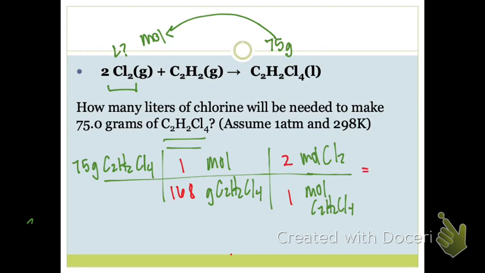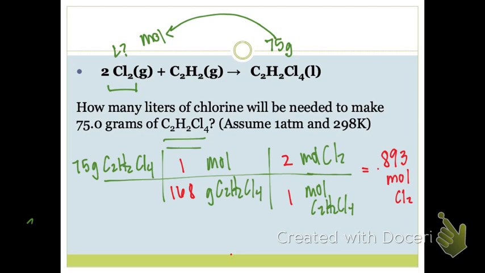And I'll find out how many moles of chlorine I need to produce that. 75 times 2 divided by 168. I don't even want to say what I got because I've been wrong so many times today, but 0.893. Oh, there we go. Moles of Cl2. And so that tells me with my reaction, if I want to produce 75 grams, I need to start with 0.893 moles of Cl2.